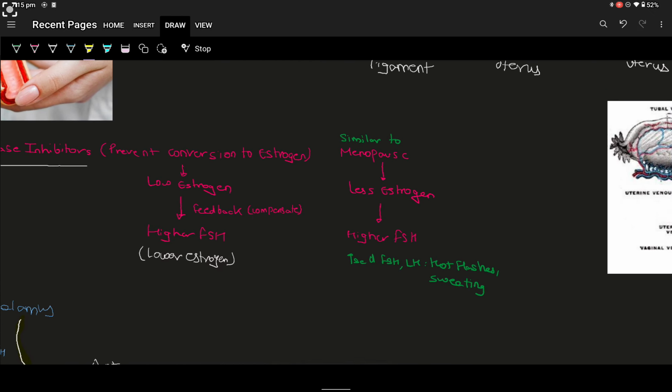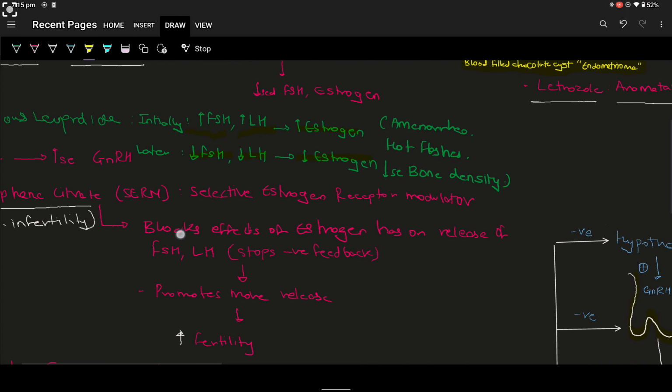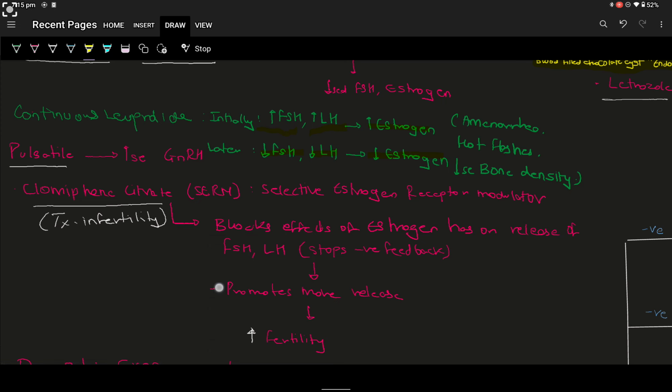It can be understood with the similar concept of menopause, in which we have less estrogen. The lesser amount of estrogen would lead to the secretion of FSH, and this increase in FSH and LH would lead to symptoms like hot flashes and increased sweating, that are the common findings in postmenopausal women.